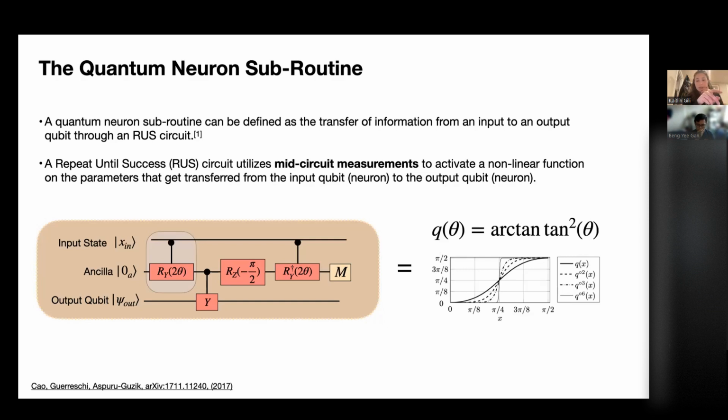And you can ramp up the nonlinearity by having Q of theta, Q squared of theta, Q cubed of theta, by basically embedding these into each other. In our work, we only worked with Q of theta. So we didn't work with increasing the nonlinearity, but this paper shows that you can do this.